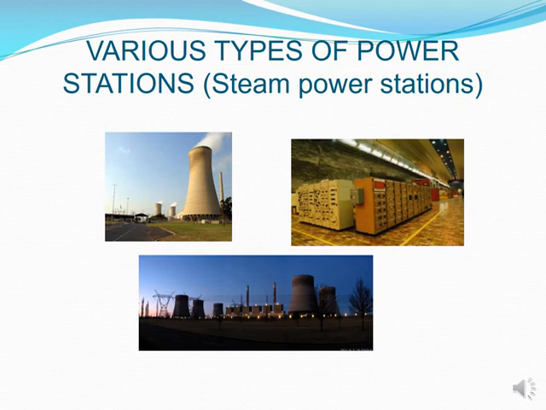So the first one is the steam power stations. Now, some people, depending where you are in the world, would call these the coal power generating stations. So they are the same thing.